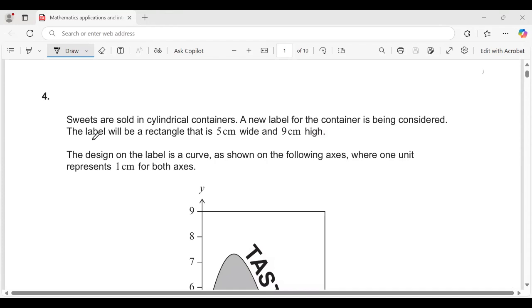Number four. Sweets are sold in cylindrical containers. A new label for the containers is being considered. The label will be a rectangle that is 5 centimeters wide and 9 centimeters high. The design on the label is a curve as shown on the following axis, where 1 unit represents 1 centimeter for both axes.